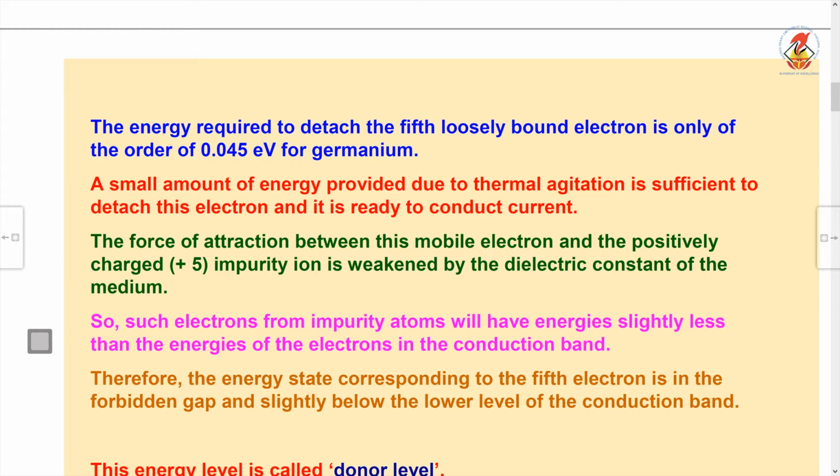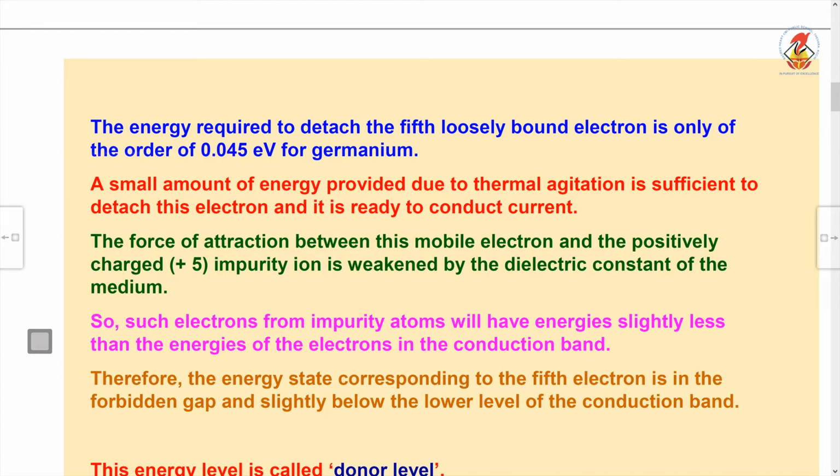The force of attraction between this mobile electron and the positively charged impurity ion is weakened by the dielectric constant of the medium. So, such electrons from the impurity atom will have energies slightly lesser than the energy of electrons in the conduction band. Therefore, the energy state corresponding to the fifth electron is in the forbidden gap slightly below the lower level of the conduction band.